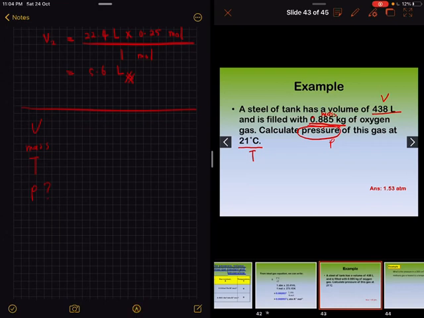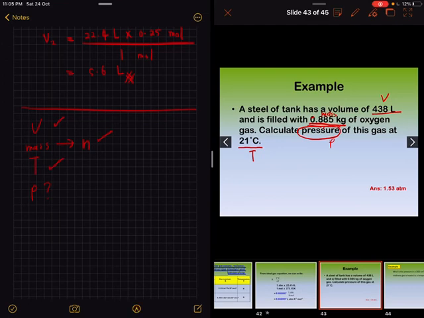So there's no two different conditions. You only have V, mass, temperature, and need to find pressure. So from the mass, what can you get? Of course, from the mass, you can find n, number of moles. So now you have V, n, and T. You need to find P.